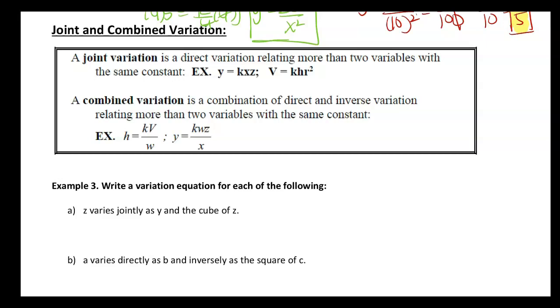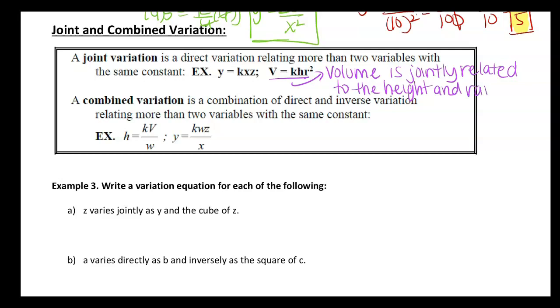Okay, I know you're like, wait, what are you talking about, Miss Tapia? Okay, let's write something out. I'm going to use purple to write out a sample scenario you might see for this. For v equals k times h times r squared, you might see it written as the volume is jointly related to the height and the radius squared.